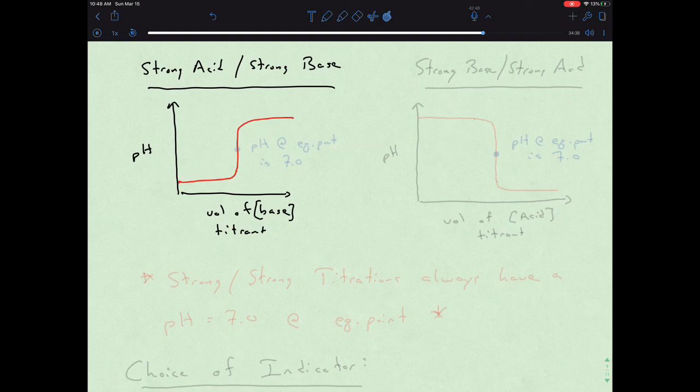And again, we're going to have that pH of the equivalence point being 7 for every single case in terms of strong.